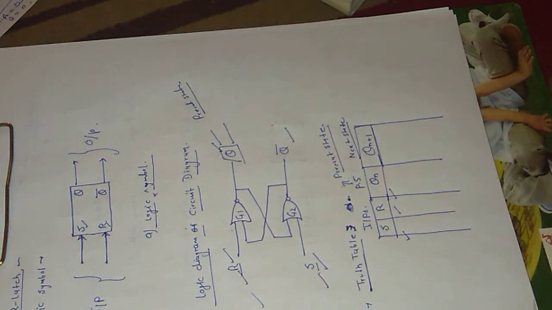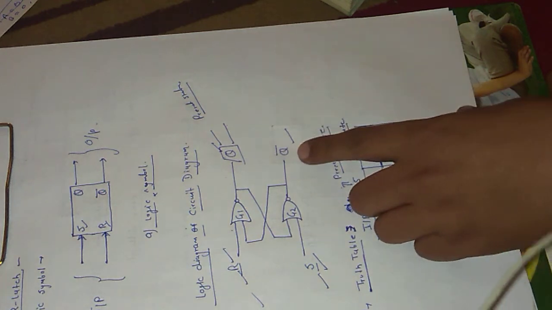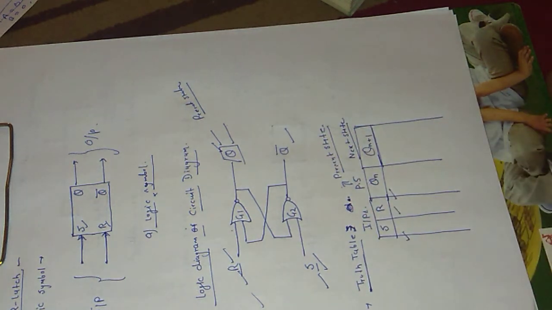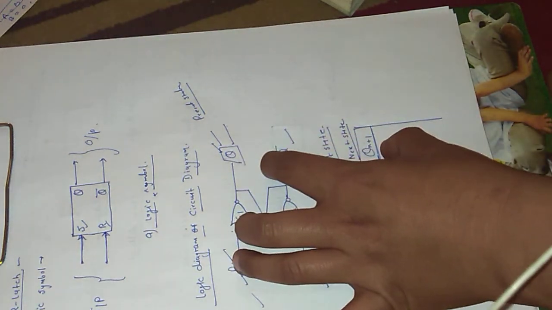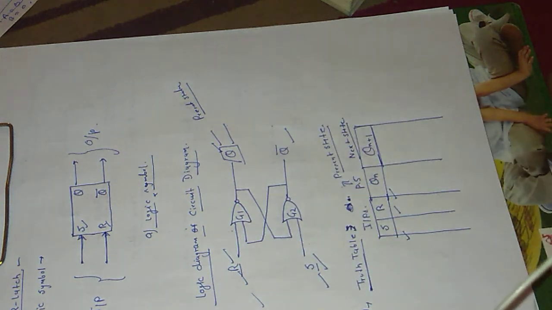I want to clarify one thing here. Sometimes students make an error in this type of equation or truth table: they assume that Q bar and Qn plus 1 are the same thing, but they are very different.